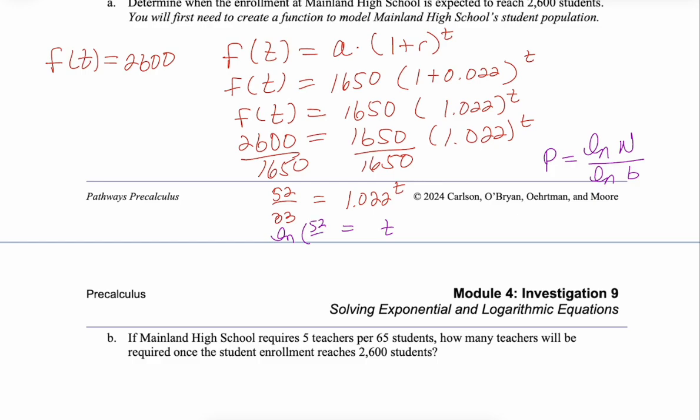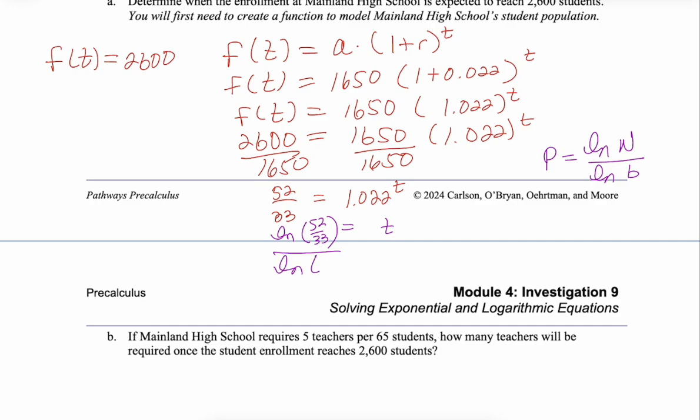Now the number is 52 over 33. So I have to take the natural log of that fraction divided by the natural log of the base. So that's the exact answer, and that would be years. Our time was every year this happens, so it would be years. So that's our exact answer.